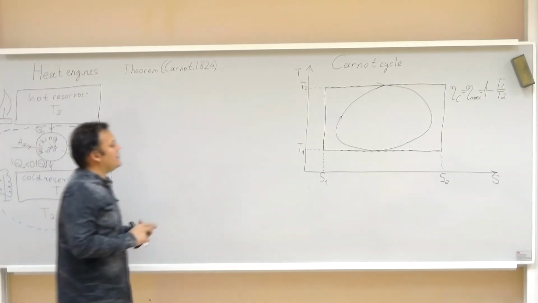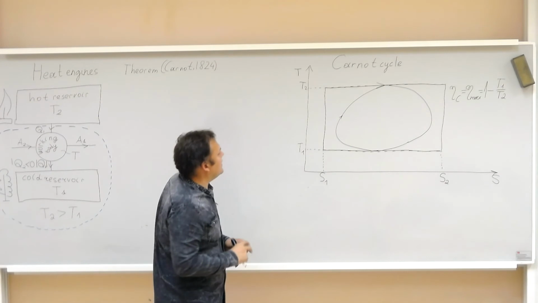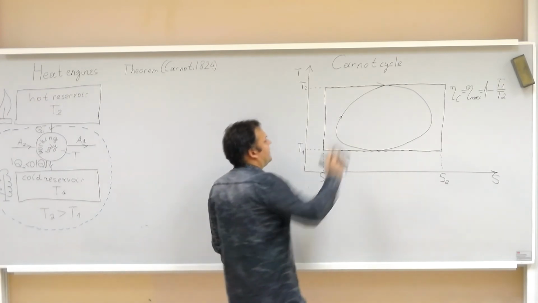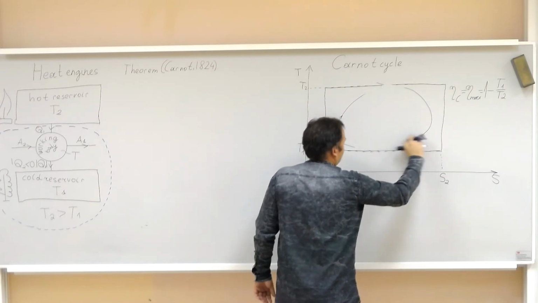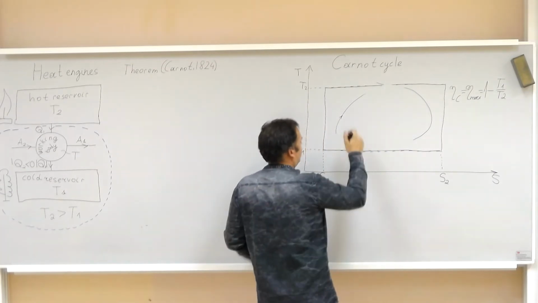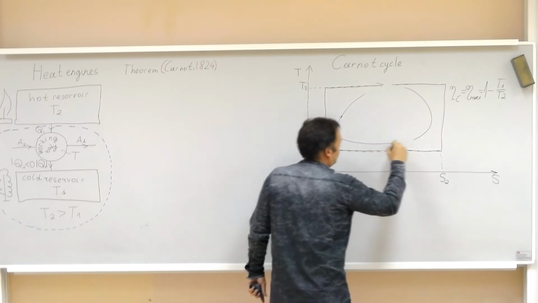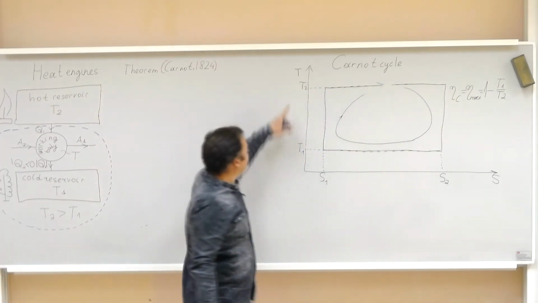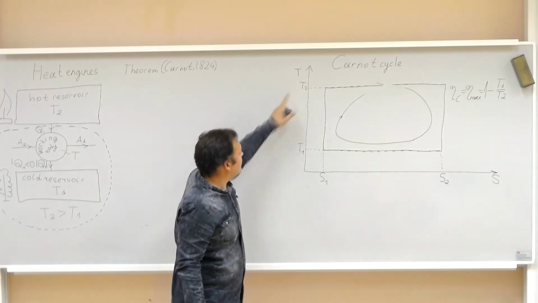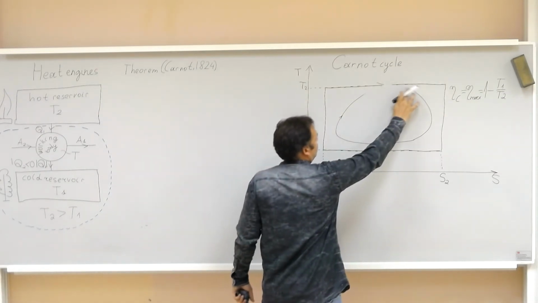Let me make a correction. Let me draw this cycle in this way, just to have maximal and minimum temperatures different from the temperatures of the reservoirs.